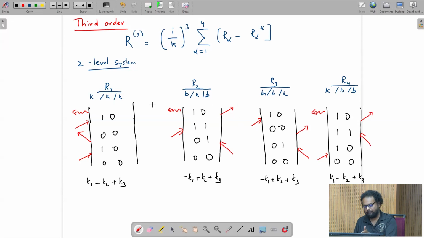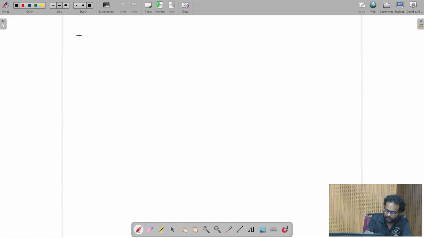Decay means that you multiply with the dipole moment at 0, 1 and trace it out. You can see my notes for the final expressions, but I want to write down the expressions for both R2 and R4 because they're very interesting. We know how to construct that, so I'm not going to go into that.